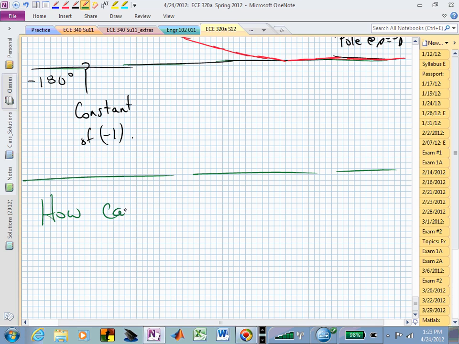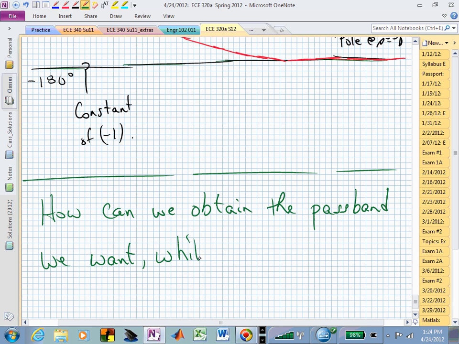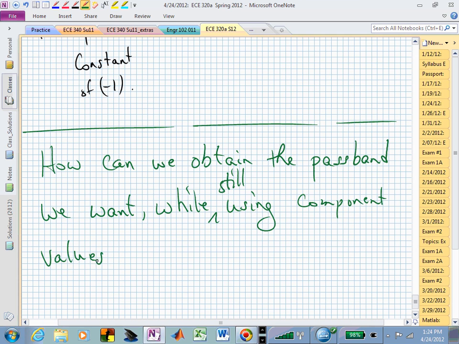How can we obtain the passband frequency that we want while still using component values that are available to us in the stockroom?